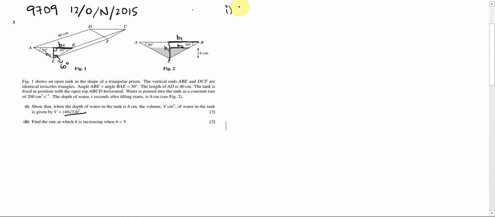I'm taking tan from the angle BEO, where this point is O. This angle is 60. So tan 60 is opposite upon adjacent, which is b1 upon h1. And tan 60 is root 3, so h1 root 3 is going to be b1.